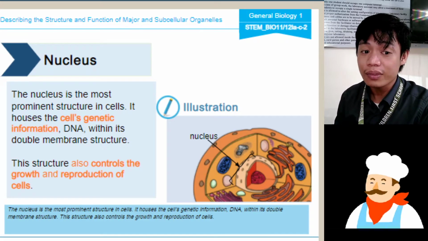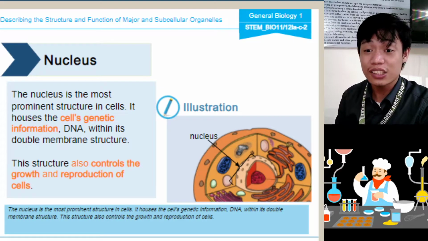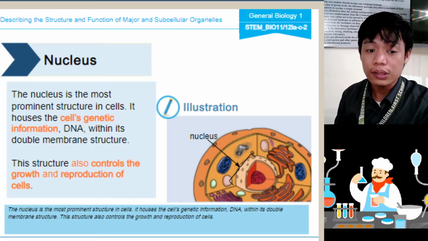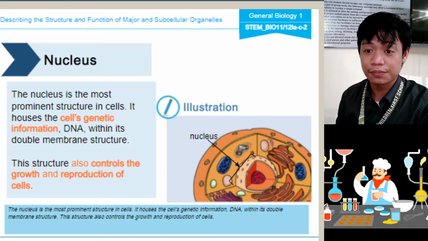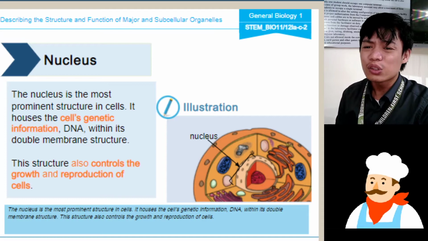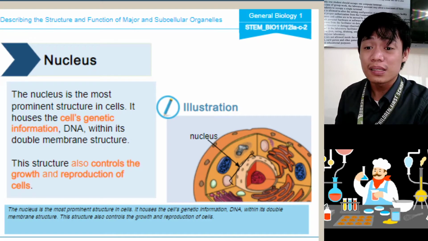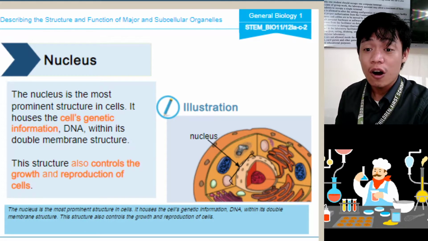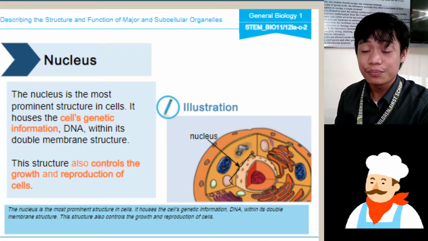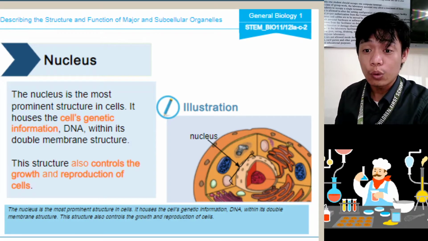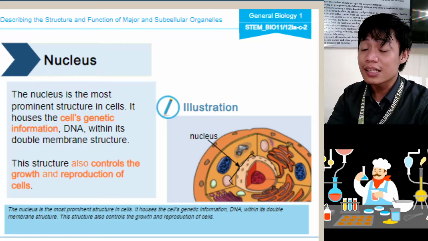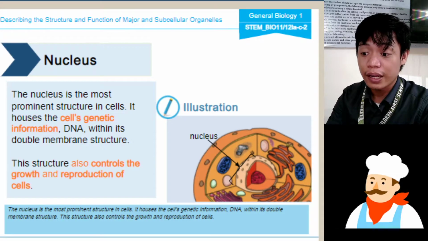The nucleus stores the cell's genetic information and also controls the growth and reproduction of the cells. Why do they control growth and reproduction? Because they are the ones who will start the process of cell division, through meiosis and mitosis. Okay? So we are done discussing the plasma membrane or the cell membrane.